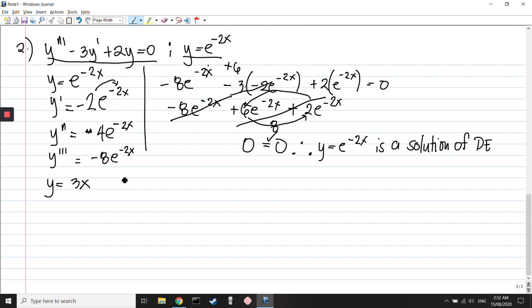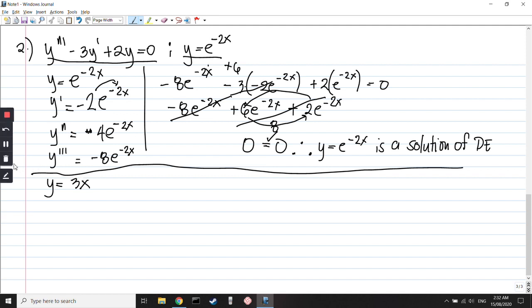So first step is we need to find the derivatives. So y prime is equal to 12x cubed, and then y double prime is equal to 36x squared, and then y triple prime is equal to 72x.